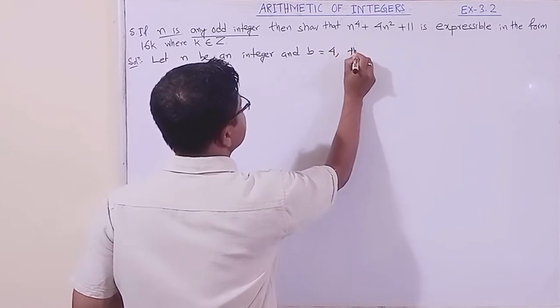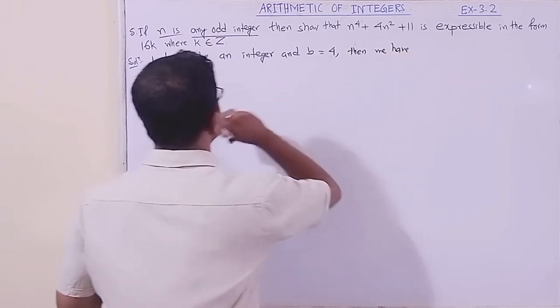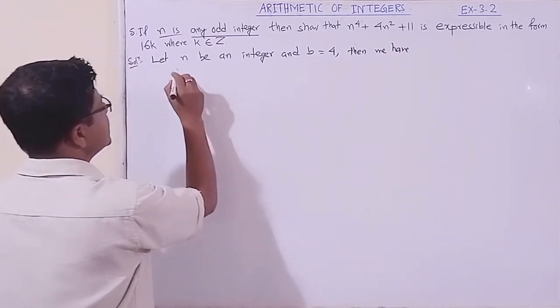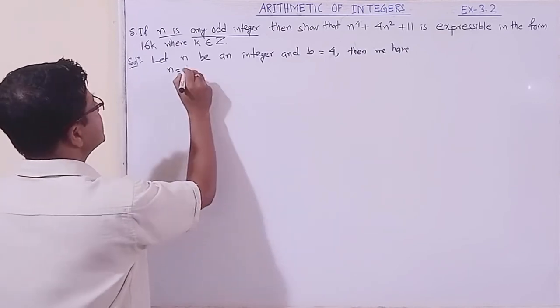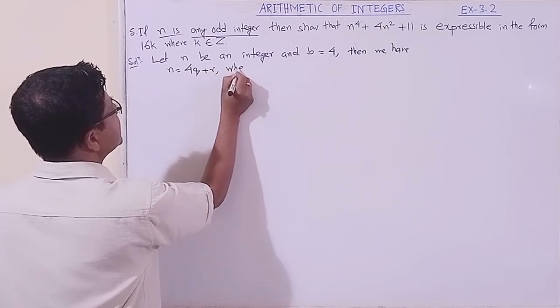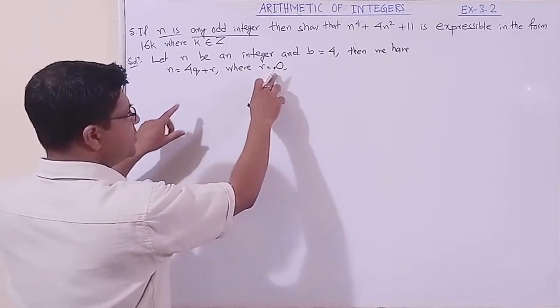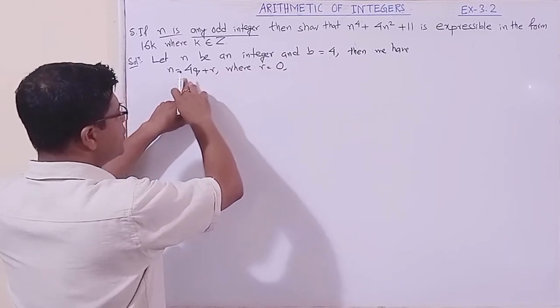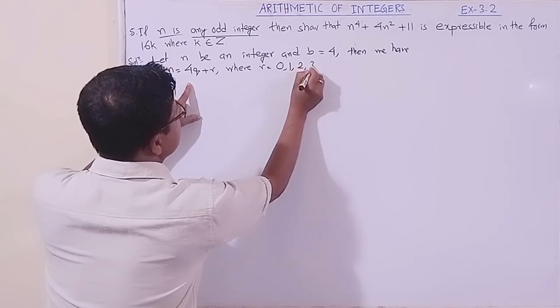Then we have n equal to bq plus r, 4q plus r, where r is equal to 0, the lowest value is 0. Then there will be 4 values, isn't it? 0, 1, 2, 3.